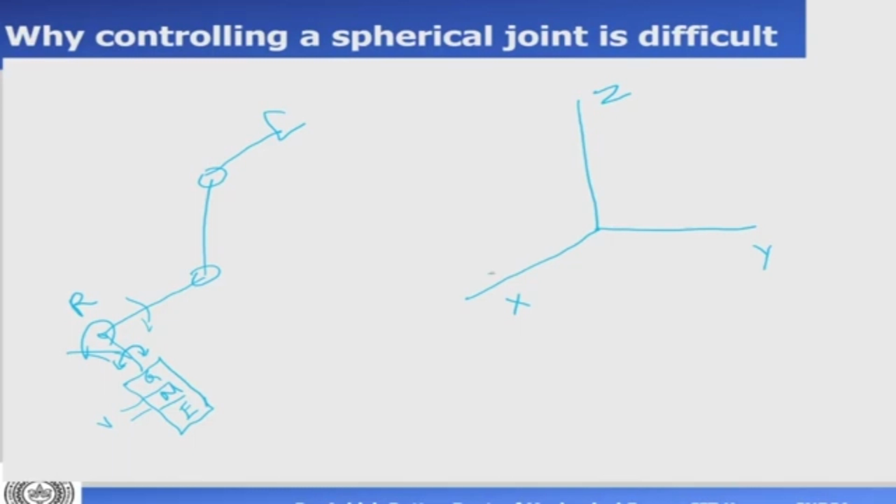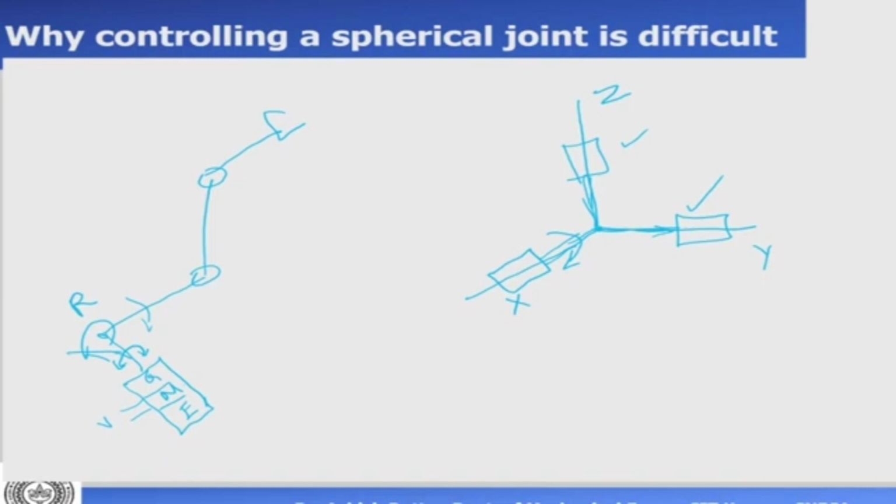Now in this case if I put a motor here, I put a motor here, I put a motor there, what will happen is that the shafts of the motors are intersecting here. So if I try and make a joint and actuate it using motors, they all intersect at that point. If I try and rotate this like this, what will happen? It will start interfering with this one and will start interfering with that one now. So it is interesting to note that although the spherical joint has the highest degrees of freedom, controlling it by putting 3 motors like this is not possible, because all the shafts are intersecting now.